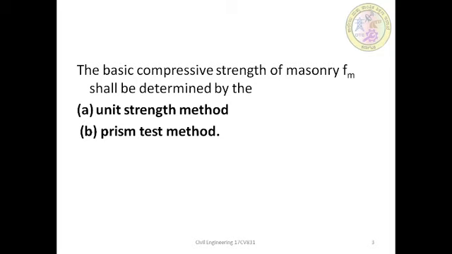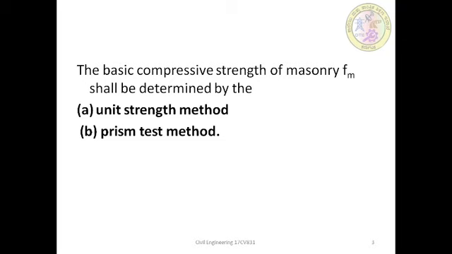The basic compressive strength of masonry, which we can say is f'm, shall be determined by the first one, the unit strength method, and the second one, the prism test method. The unit strength method eliminates the expense of the prism test, but is more conservative than the prism test method. So now let us see the unit strength method.